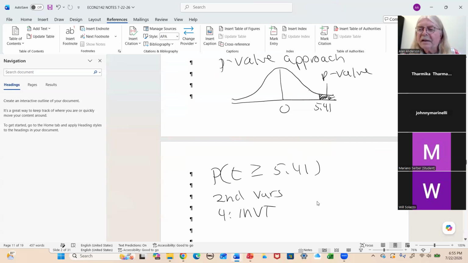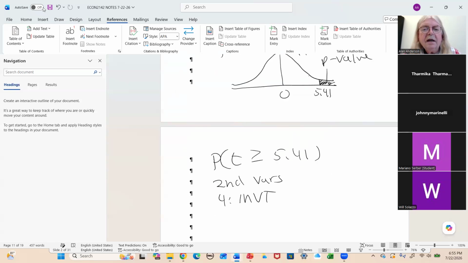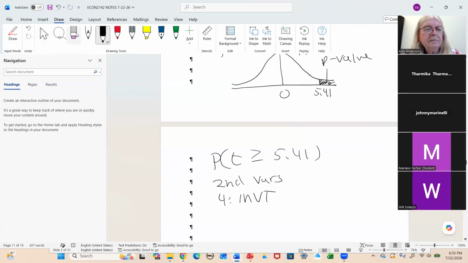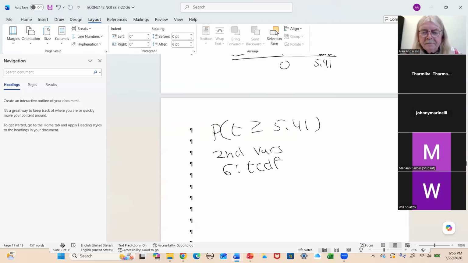Oh, wait, sorry. What am I saying? No, this is the probability. The INVT is to find the location. This is a probability. It's not 4, it's 6. Okay, 6, TCDF. So lower is the 5.41.